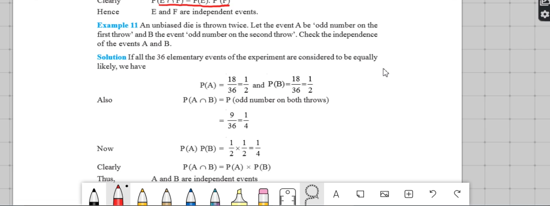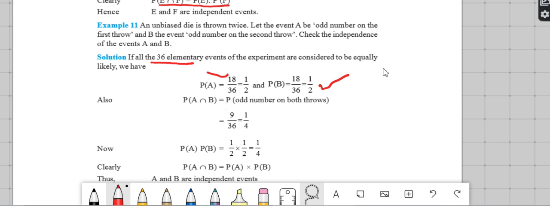Now you know that when you throw a die twice, we have a total of 36 outcomes. Out of 36, you have 18 elements that contain an odd number on the first throw, so the probability will be 1 upon 2, and the same probability holds for P of B, also 1 upon 2, because it is the same.